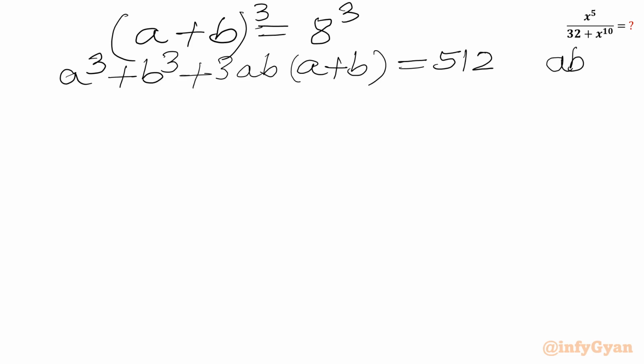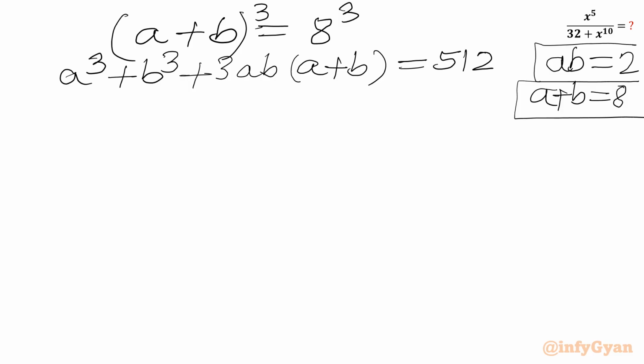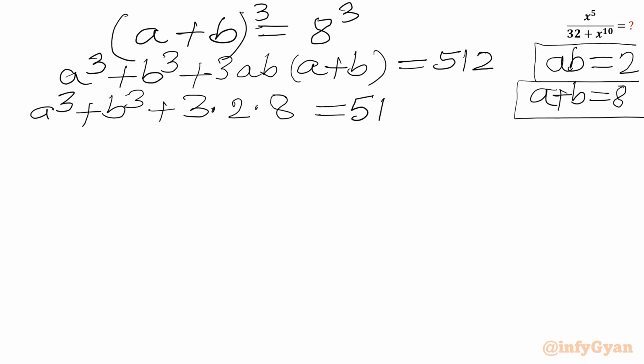Now our ab was 2 and a plus b is 8. Let's apply the values. So I can write a cube plus b cube plus 3 times 2 times 8 equal to 512.